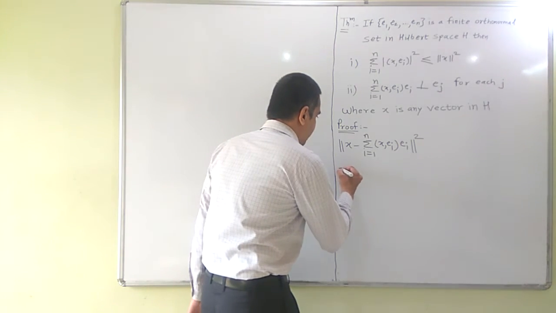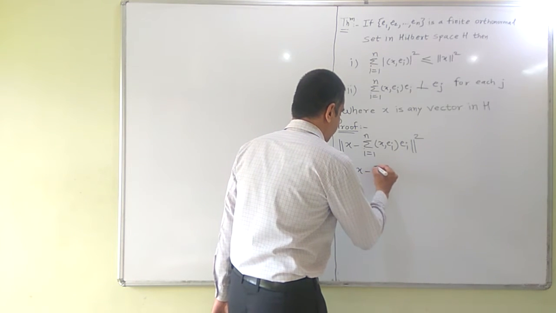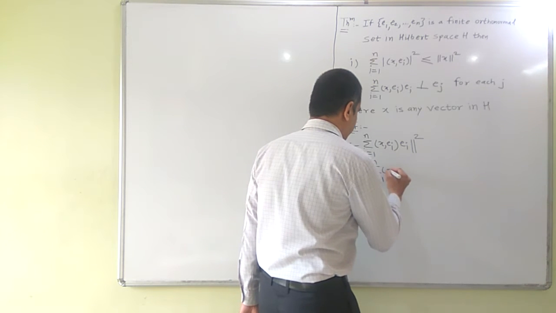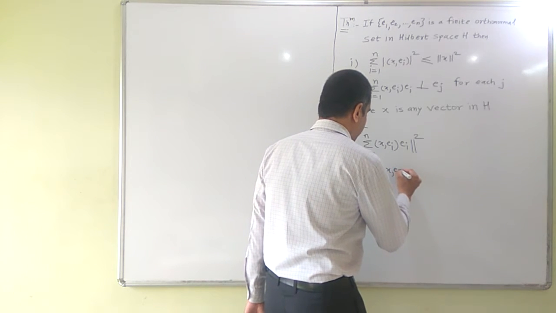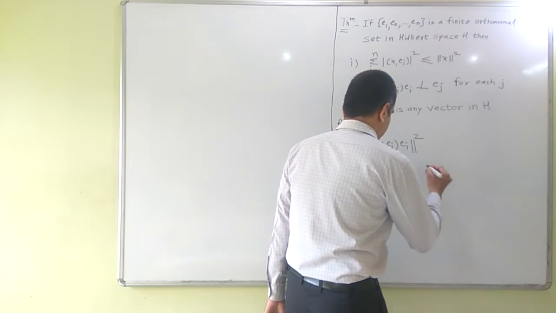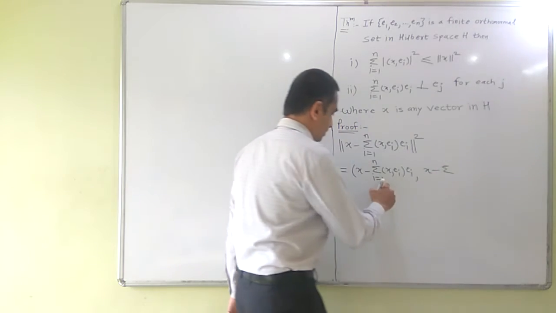This we can write as the inner product of x minus the sum from i equals 1 to n of inner product x, ei ei, with the same vector.